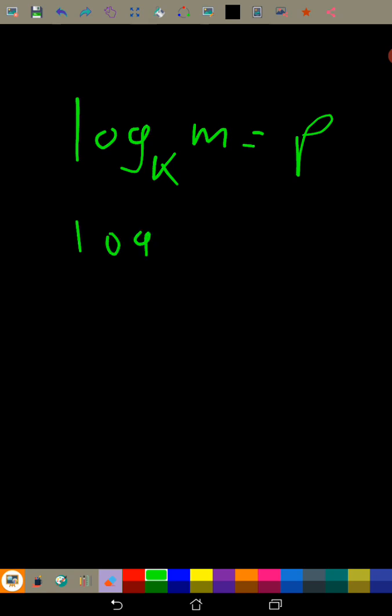I don't know, but there was also log base k of m is equal to p. So here we have to transform this. How do we do this? We put this k here, and m. No, it's not, it's going to be p.